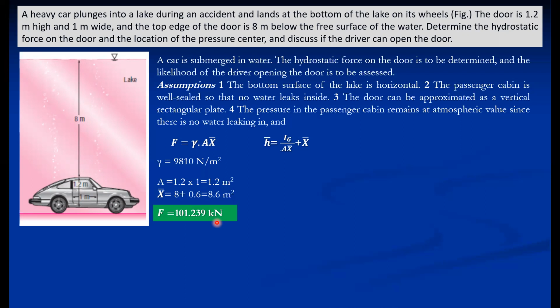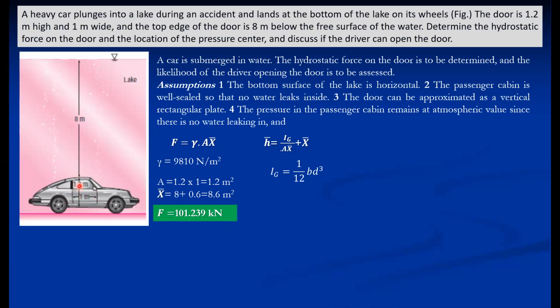Then its location, where that force is acting, is calculated by calculating the distance of CP from the free liquid surface, that is H bar. As this is a vertical plane surface, the expression of H bar is equal to Ig upon A x bar plus x bar. So Ig, as it is a rectangle, is 1 by 12 B D cube. Obviously, B is the width that is parallel to the free liquid surface.